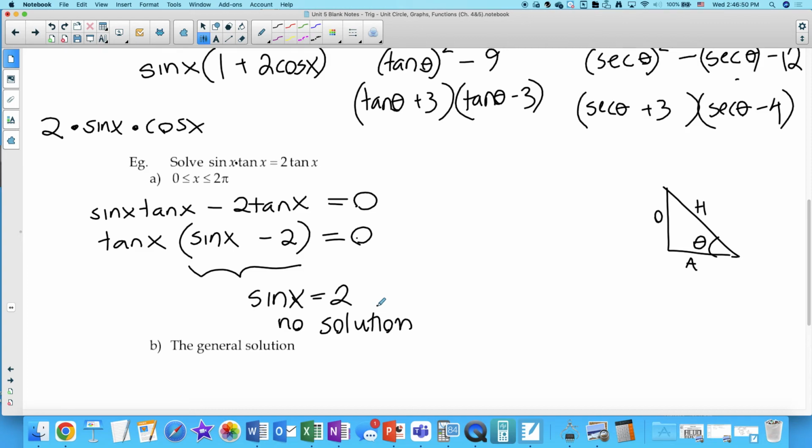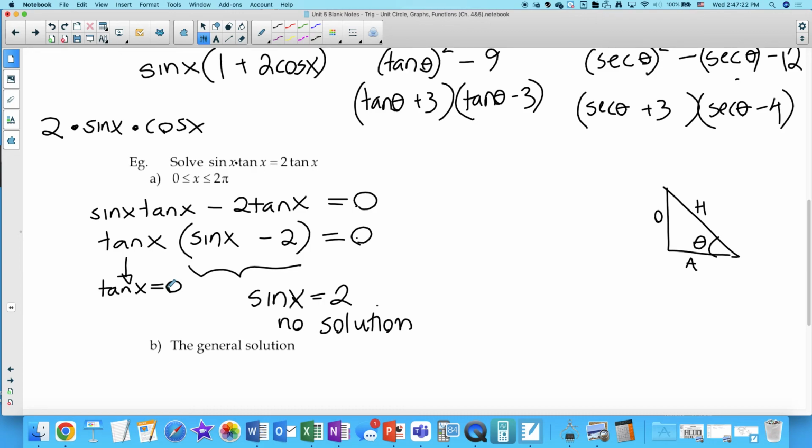tan x equals 0. What would the solution to that be? That's 1. There's another one, though. Pi, it's 0, 2 pi. Oh, no. No, hold on a sec. Okay, never mind. You're right, it's 0 and 2 pi.